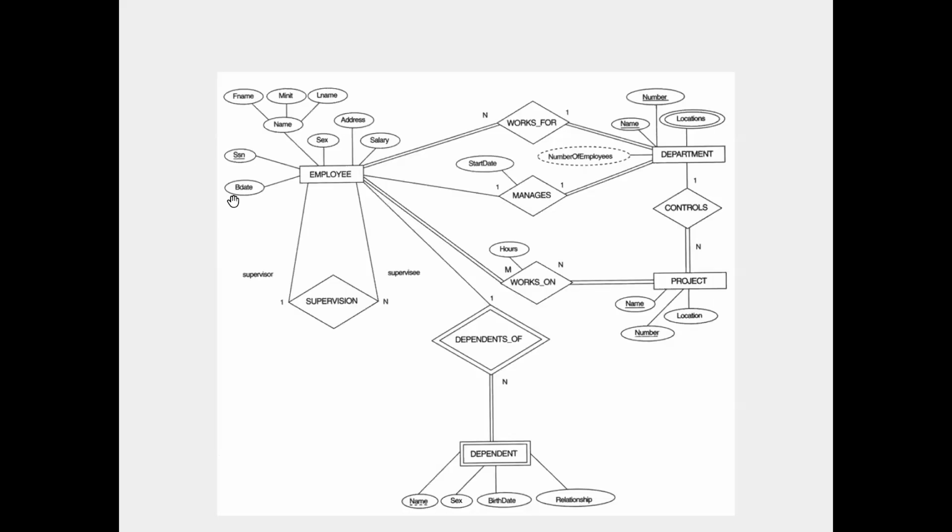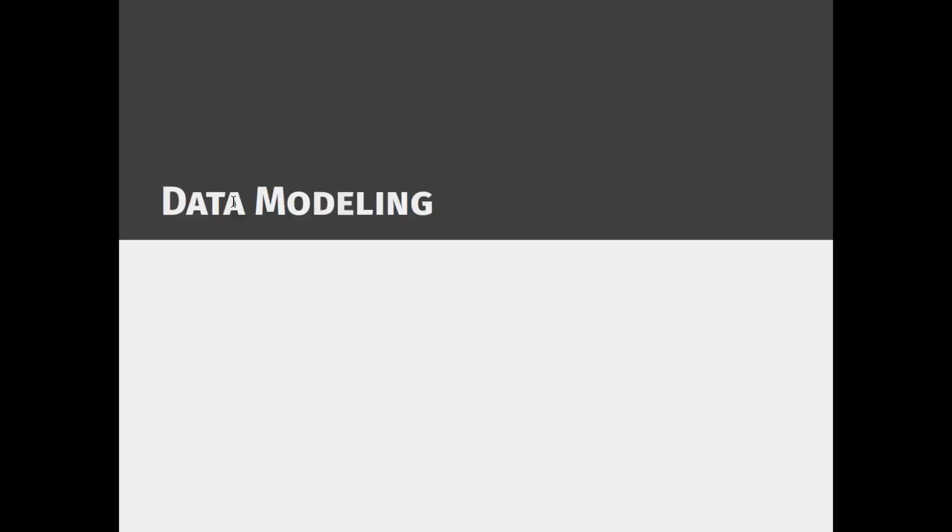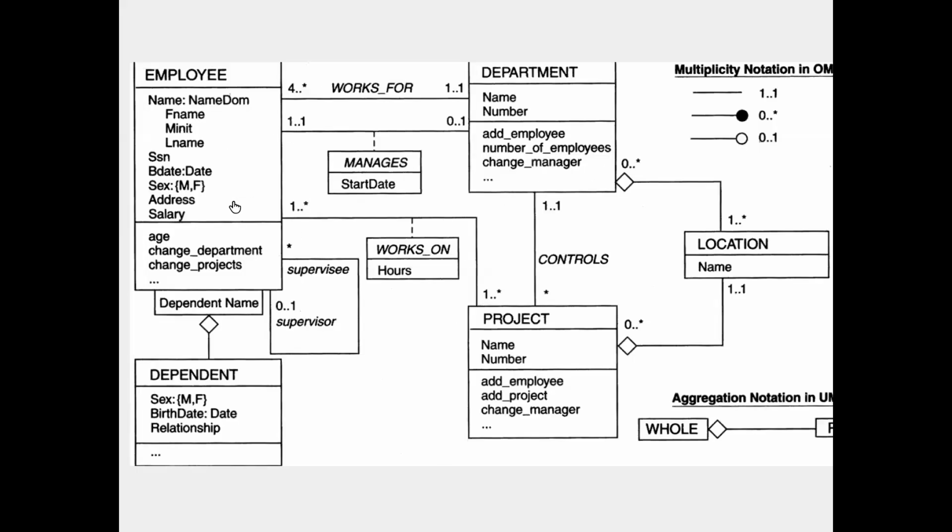Similarly, we can do the same for dependent. So in dependent, you will see we are going to keep track of their gender, birth date, and relationship. And this is what you will see here.